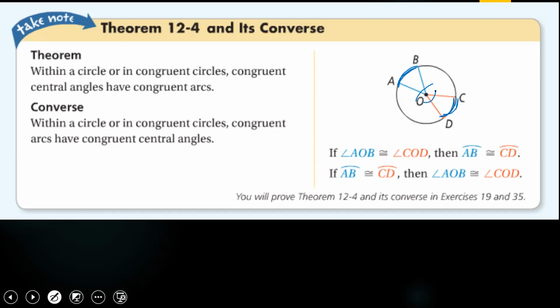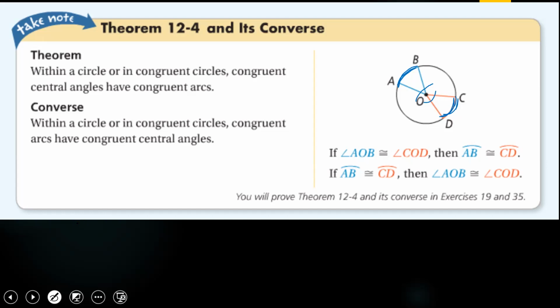If we have two angles that are congruent, like AOB and COD, then their arcs will be congruent. Is it clear? Yes, teacher. Okay. Or within two congruent circles.